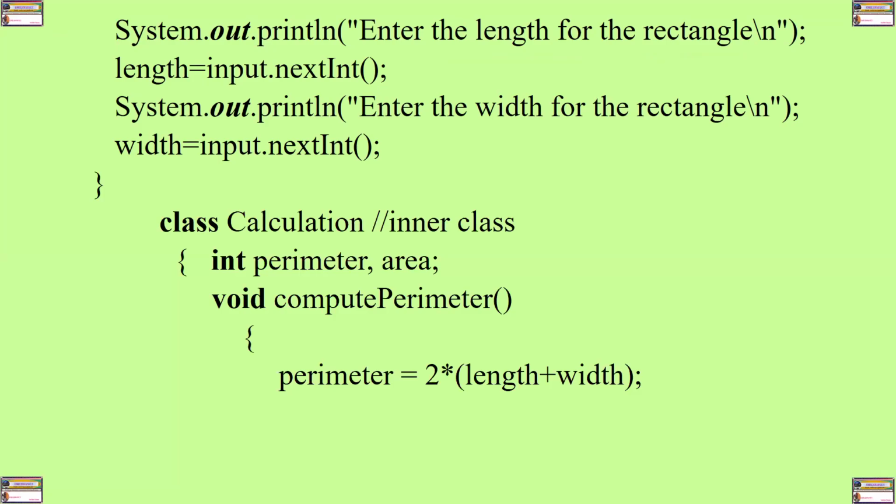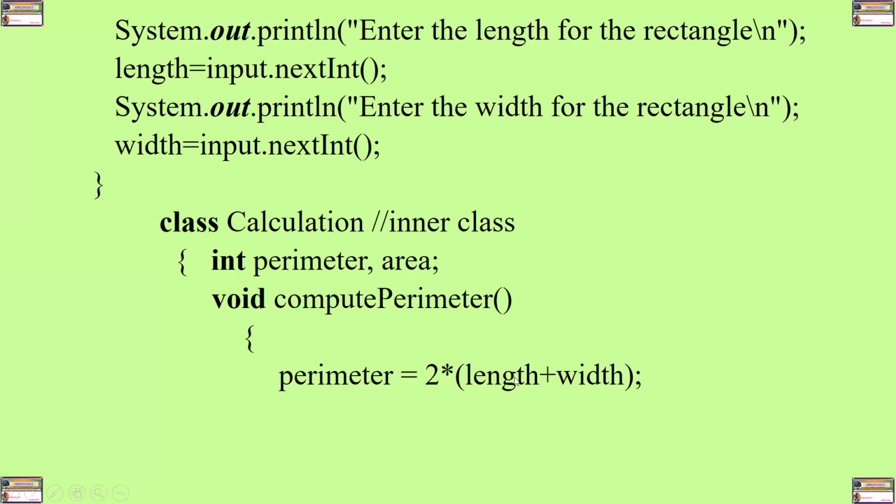task of reading the value in the member called length and the member called width, and multiplying them, the value of length and width, by 2, and the answer is assigned in the member called perimeter.